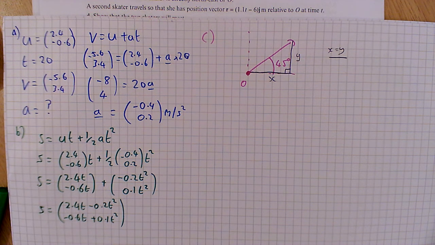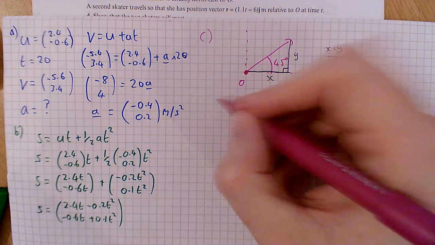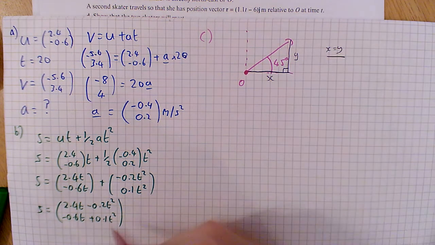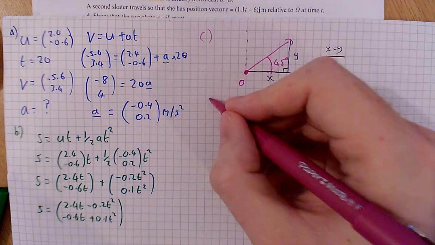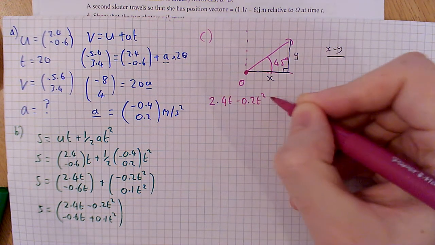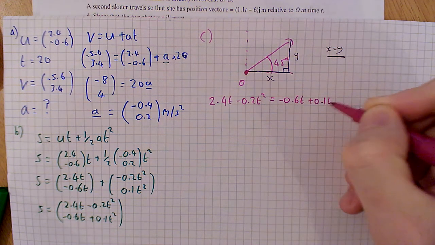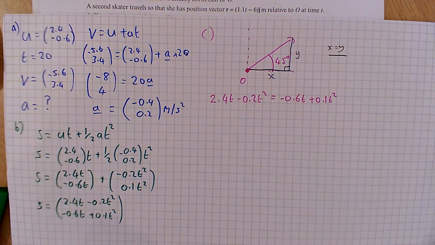So for us to be exactly northeast, for that angle to be 45, this part has to equal this part. So all I'm going to do is set up an equation that puts the i component, the x component, equal to the y. If this is the x and this is the y, it tells me that 2.4t minus 0.2t squared equals -0.6t plus 0.1t squared.